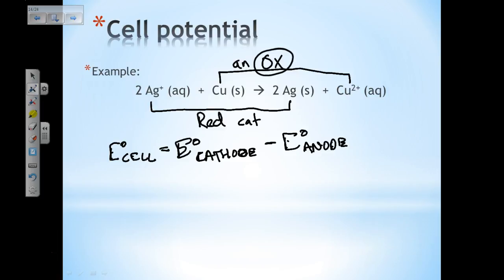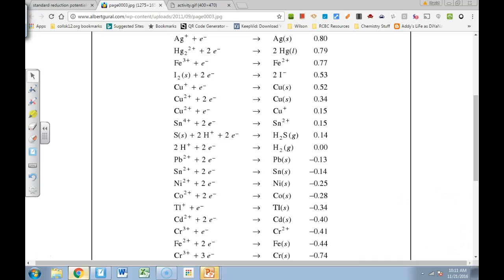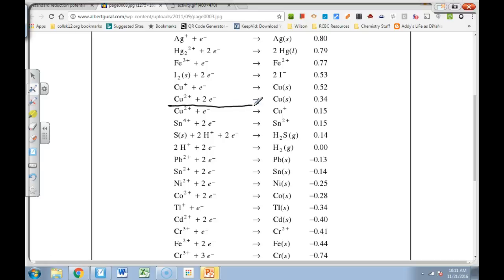Notice the half reaction for this is copper reacts to form copper 2 plus plus 2 electrons. That is almost the same as this reaction, but notice it's just backward.